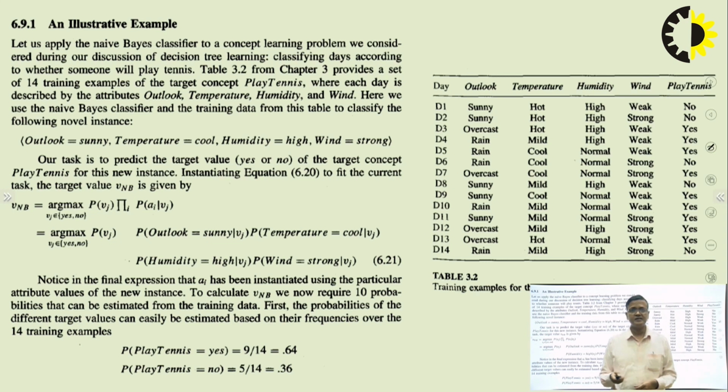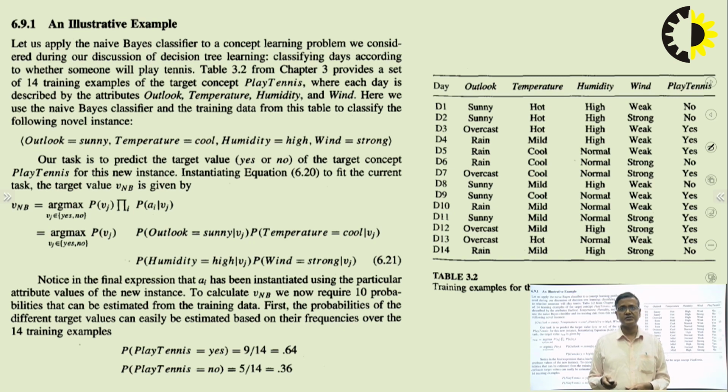So in this table, we can see wind is equal to strong. Under the column of wind, we look at where the wind is strong, and we see those rows where play tennis is yes. The first row, wind is weak.